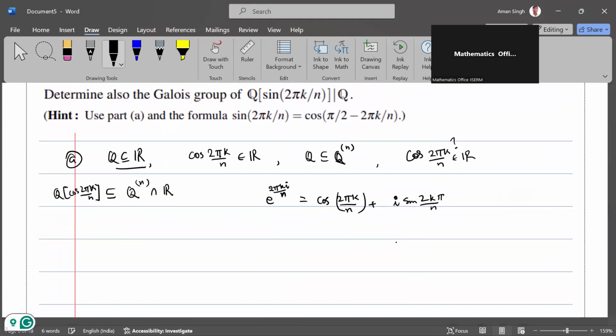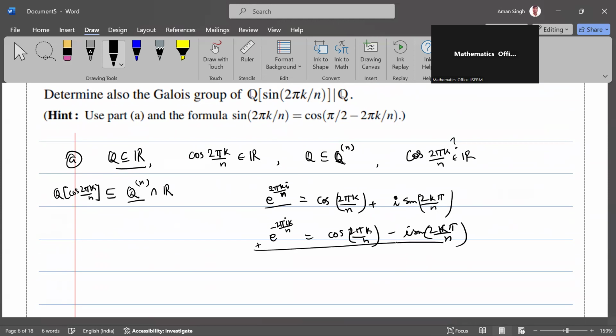Once this is a primitive root, its conjugate e^(-2πik/n) also belongs to Q_n. In particular, this is the same as cos 2πk/n minus i sin 2πk/n, right? Now add them.